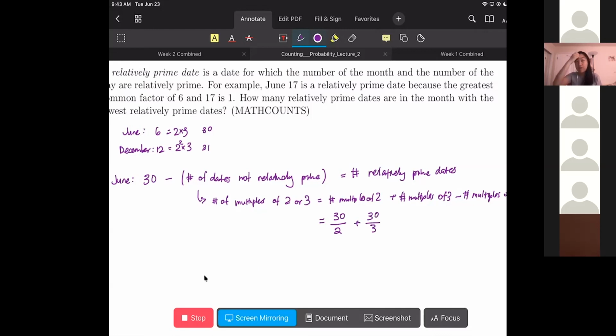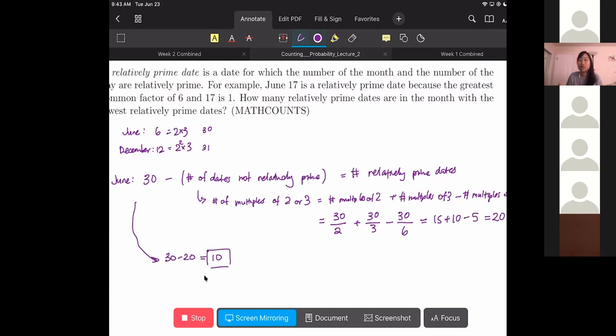There are 5 of those. So this gives us 15 plus 10 minus 5, which gives us 20. So the total number of relatively prime dates is 30 minus 20, which is 10. And that answers part of it: for June, how many relatively prime dates are there?